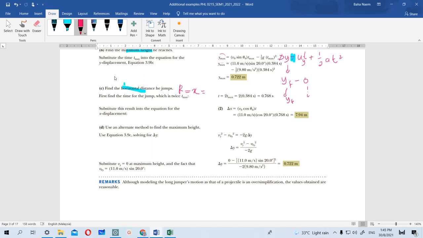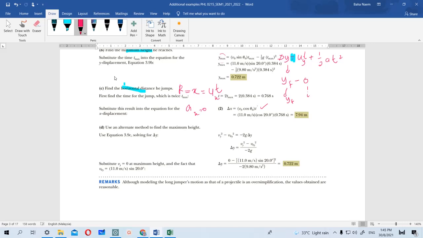And in this case, you will find the acceleration in the X direction is 0. Hence, X is calculated by using the component of U in the X direction times the time.